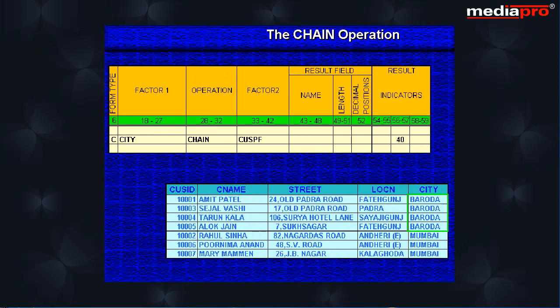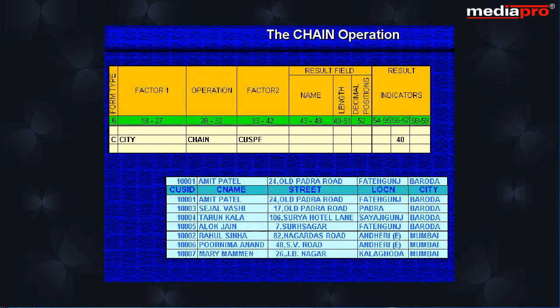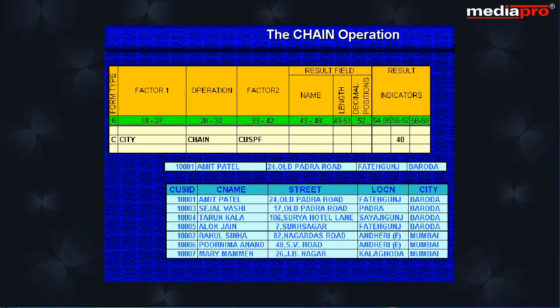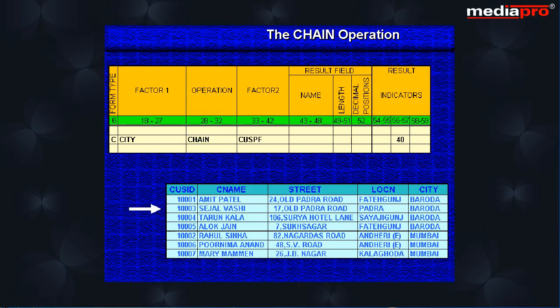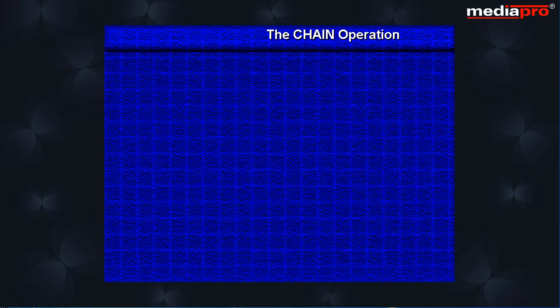In the case of a file having duplicate keys, the CHAIN operation will retrieve the first record that matches. If the CHAIN operation is successful, the file pointer will be positioned at the record immediately after the record that was retrieved.